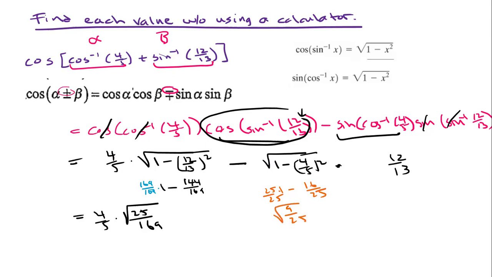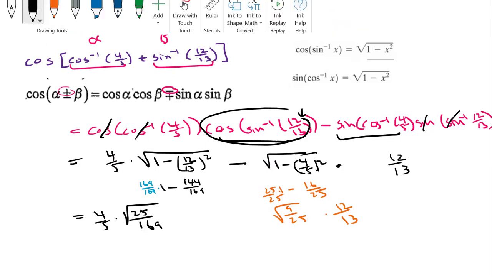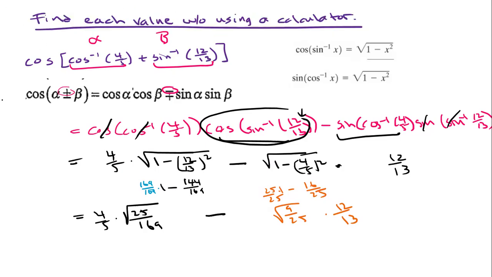Of course, take the square root of that, and then multiply that by 12 over 13. And then don't forget the minus sign in the middle. So that's what we have so far.